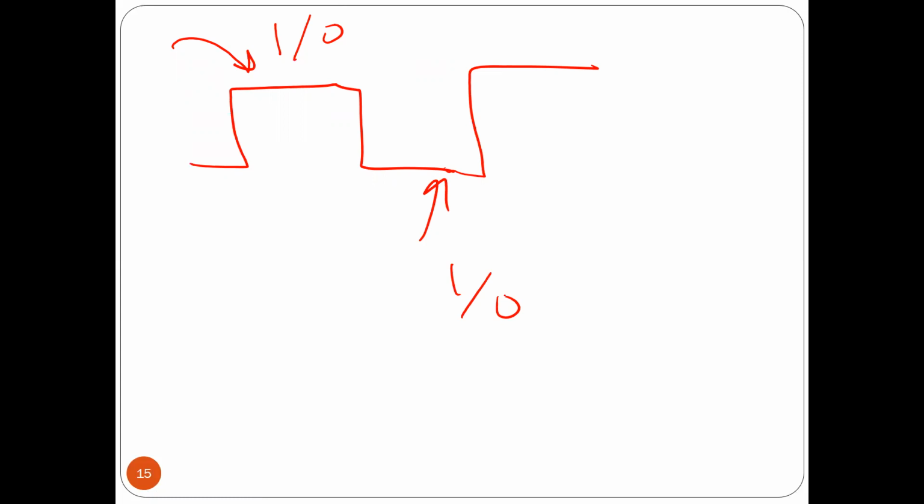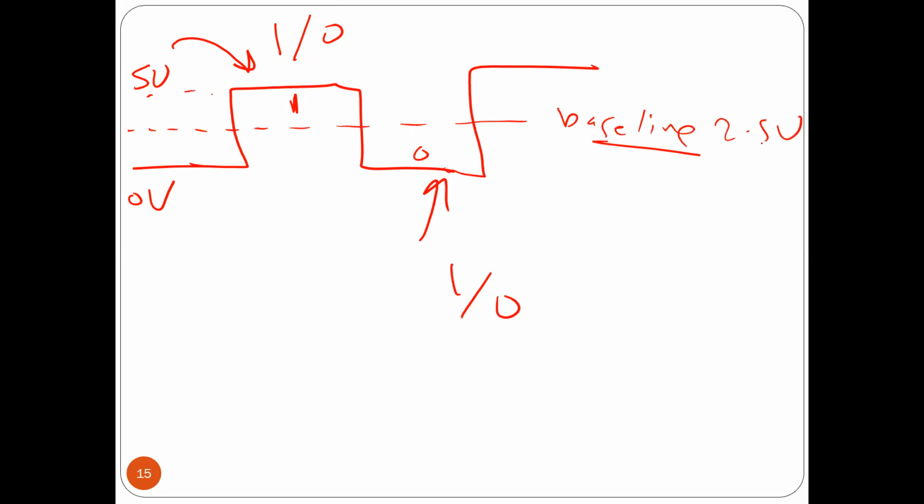What usually, for example, if we have here 0 volt and here, for example, 5 volt. Assume 5 volt is 1. Assume 0 volt is logic 0. So in this case, what we usually do is I can simply make what we call a baseline. This is a baseline. I put it in the middle here, for example, 2.5 volt.